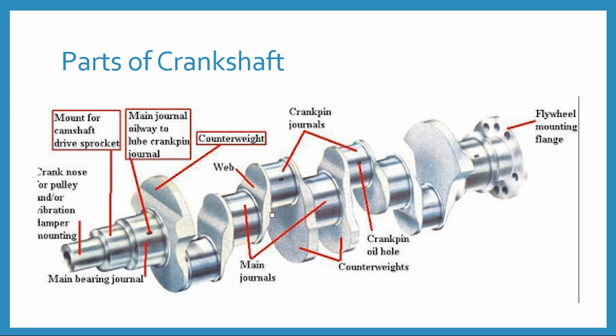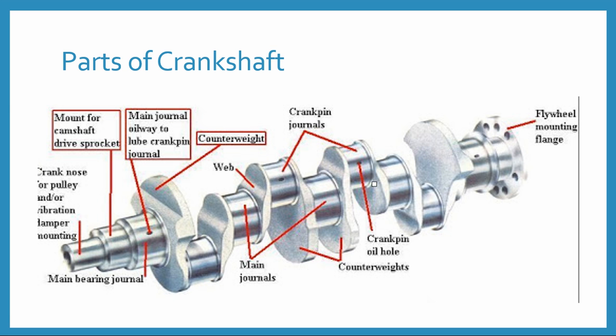This one is called another main journal. The cylinders have a number of crank pin journals, which are called 1, 2, 3 and 4. So it is a 4-throw crankshaft, and that's why it has 4 crank pin journals.